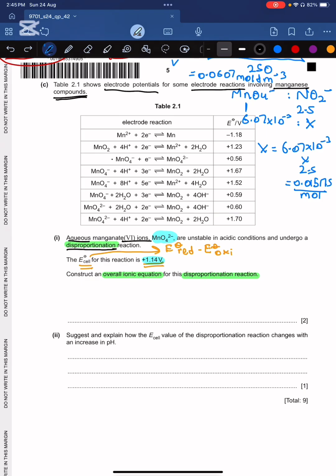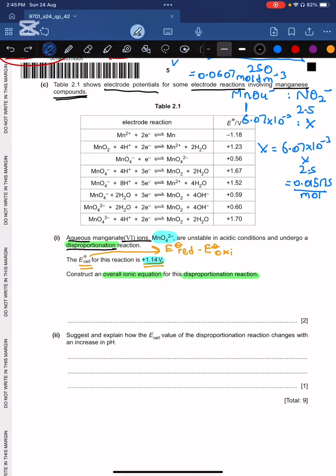What am I trying to explain? I'll repeat. If I go from left to right, this becomes reduction. But if I go from right to left, it becomes oxidation. In this case, I will have two manganate ions in two different reactions present diagonally to each other. Why diagonal? In one case, the reaction will go from left to right. In the other case, the reaction will go from right to left.